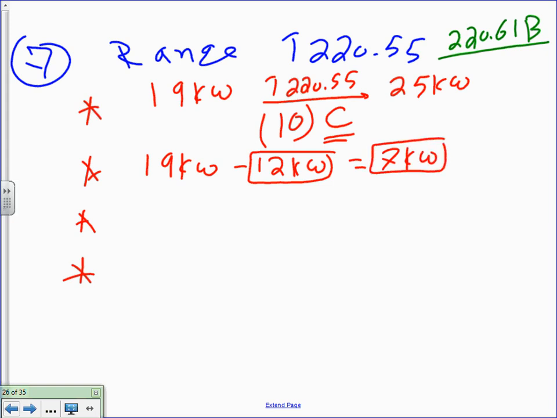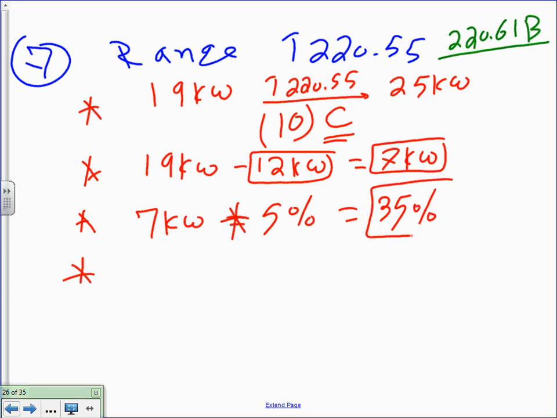Then you take the 7 kW and multiply it by 5%, and that will get you an increase of 35%. 5 times 7 is 35. Never changed since the Greek days. 7 times 5, 35. Everybody knows what I did?